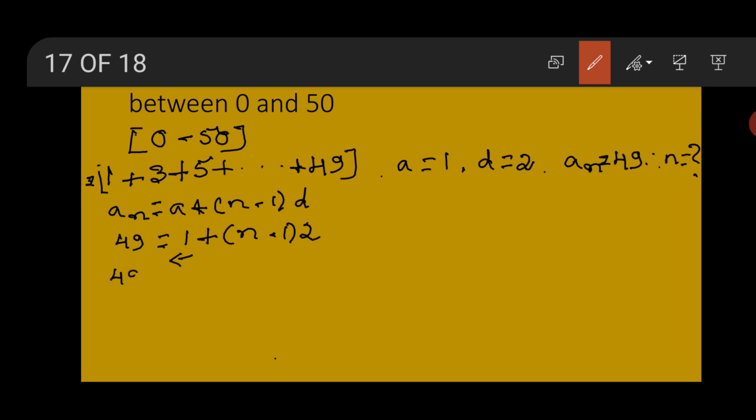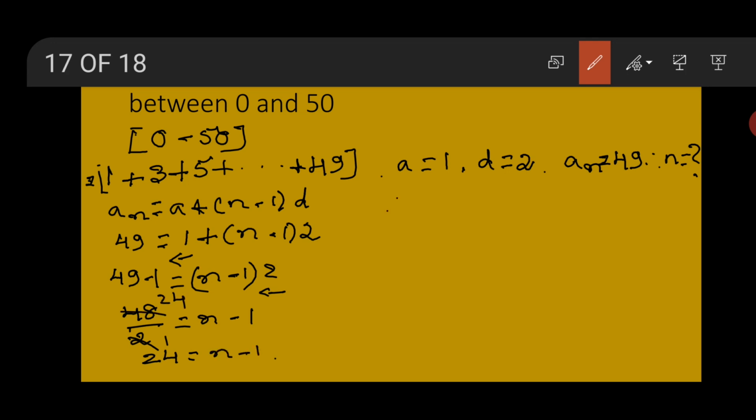It becomes 49 minus 1 is equal to n minus 1 into 2. 49 minus 1 is equal to 48. Carry the 2 to this side, it becomes divided by 2, is equal to n minus 1. So 48 divided by 2 is equal to 24. Right? So 24 is equal to n minus 1.